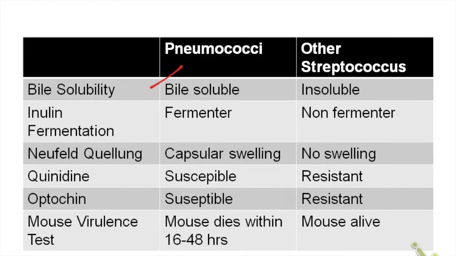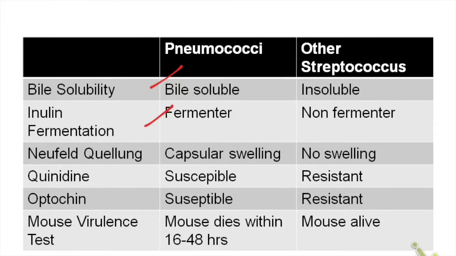Strep pneumoniae can ferment the sugar inulin, while other strep cannot ferment it. Neufeld-Quellung test is actually known as the capsular swelling test. Here, we add antibodies plus methylene blue as the stain for capsule, and then we check under the microscope. If the capsule is swollen, then that's positive for Strep pneumoniae. Unlike other strep, since they don't have capsule, nothing will swell.